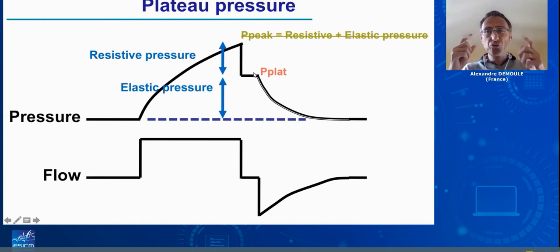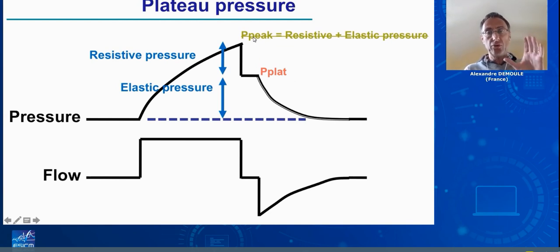Plateau pressure is really important because it reflects the elastic pressure within the lung, and is associated with the risk of ventilator-induced lung injury.